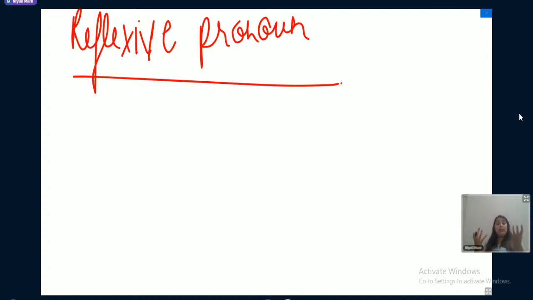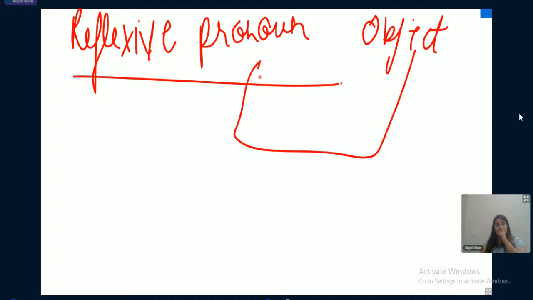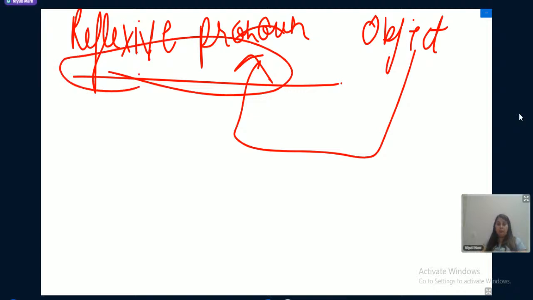Now, if the subject performs the action on himself only, then subject and object will be the same person. If I am performing the action on myself only, then I'll be the subject and I'll be the object. In these kinds of sentences, the object is a reflexive pronoun.